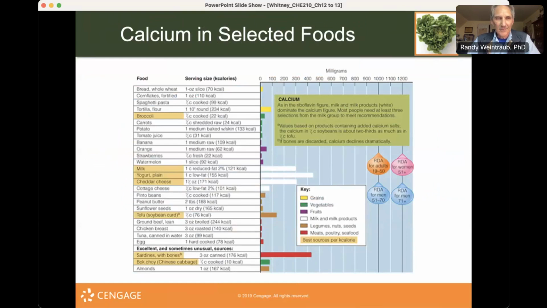Okay, calcium is present in some protein sources such as fish, sardines in particular, some vegetables, and of course dairy.